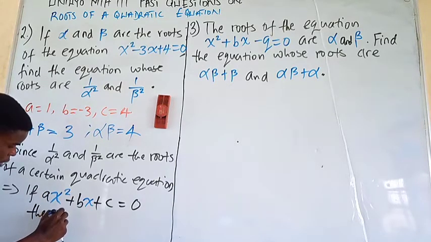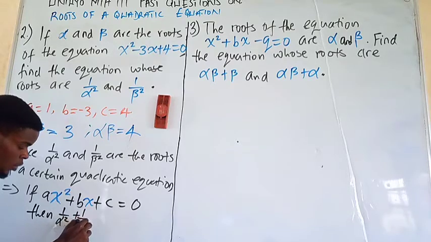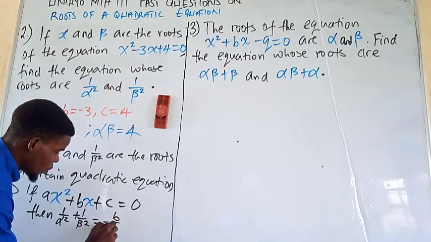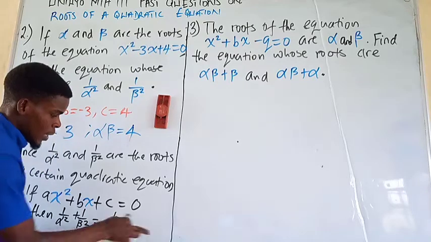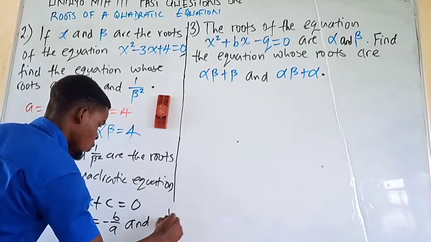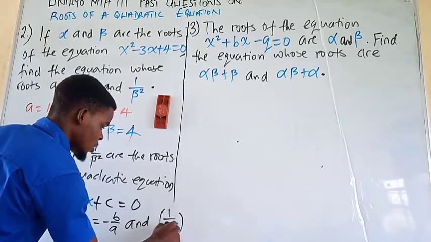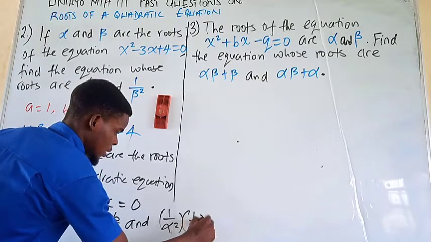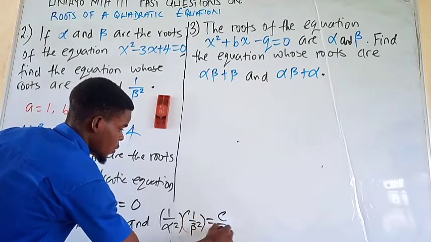Then 1 over alpha square plus 1 over beta square is equal to negative b over a, and 1 over alpha square times 1 over beta square is equal to c over a.